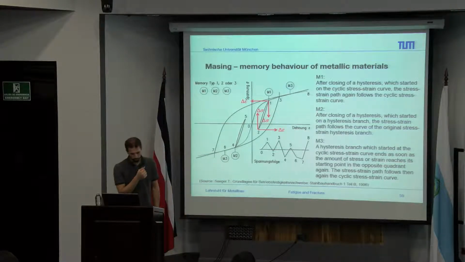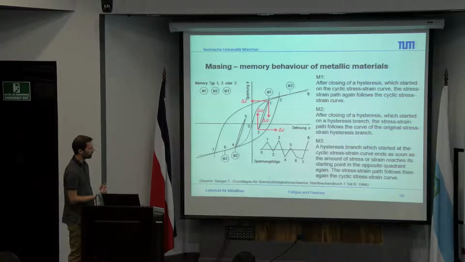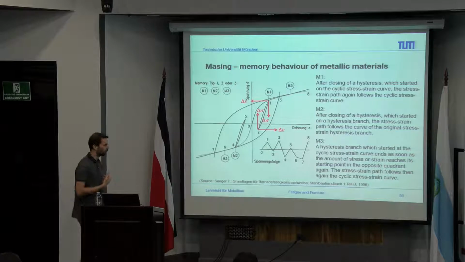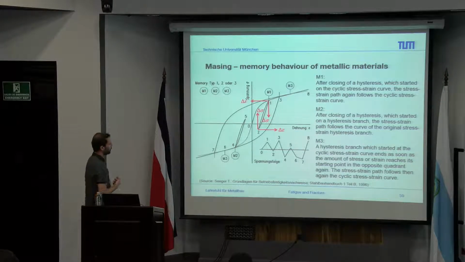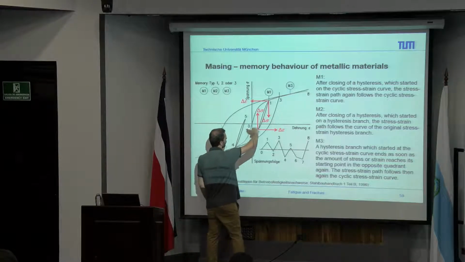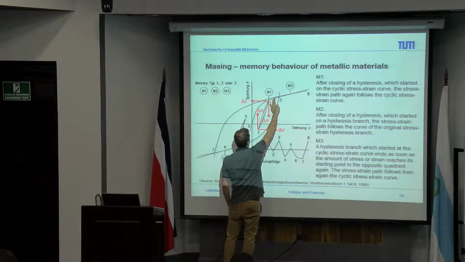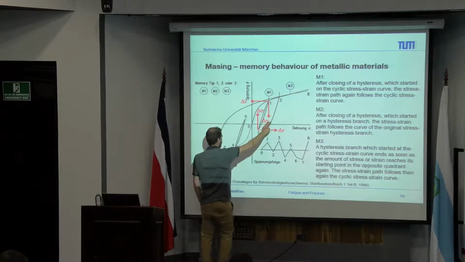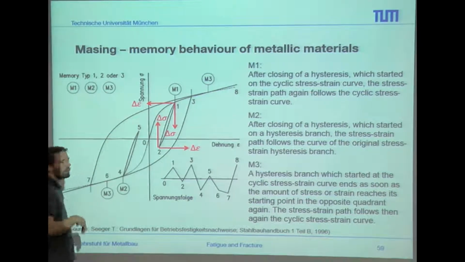The M2 is: after closing a hysteresis, which started on the hysteresis branch, the stress strain path follows the curve of the original stress strain hysteresis branch. So what does it mean again? For example, we have done here our first loop, and now we are still on the stress strain behavior. Again, we reach the peak, we go down, and the huge hysteresis is still not closed.